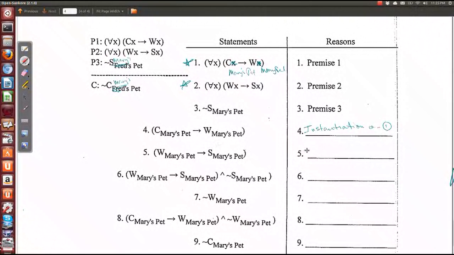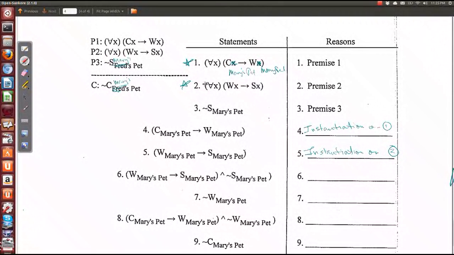Similarly, step 5 is going to change step 2. So step 2, instead of being W(x), it's W, Mary's pet. And instead of being S(x), it's S, Mary's pet. So this is instantiation on step 2.